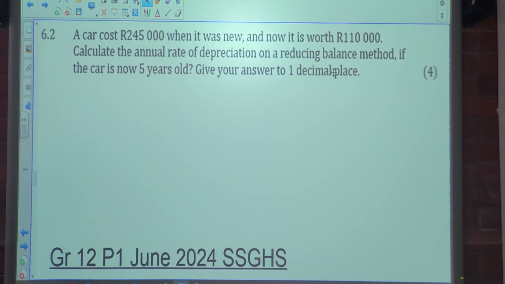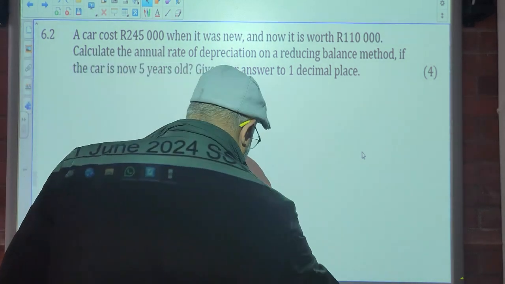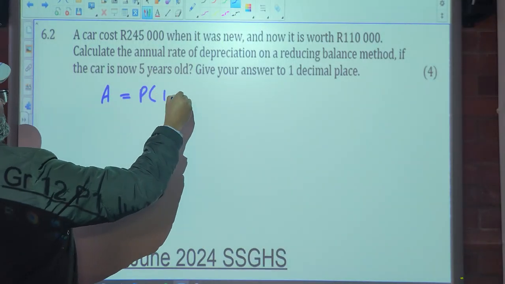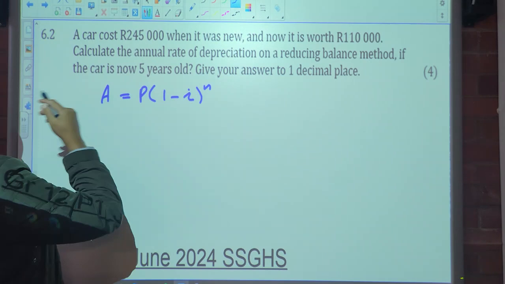Question 6.2. A car cost 245,000 when it was new. Now it's worth 110,000. Calculate the annual rate of depreciation on the reducing balance method. What's the formula? A is equal to P into 1 minus i to the exponent n.